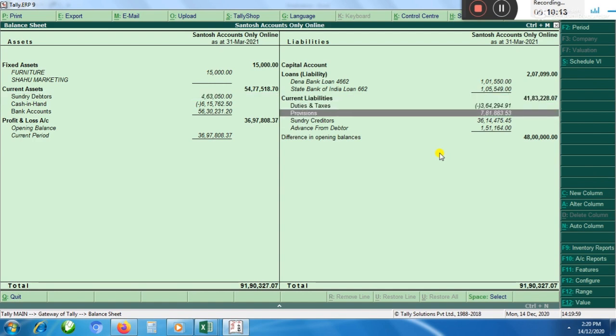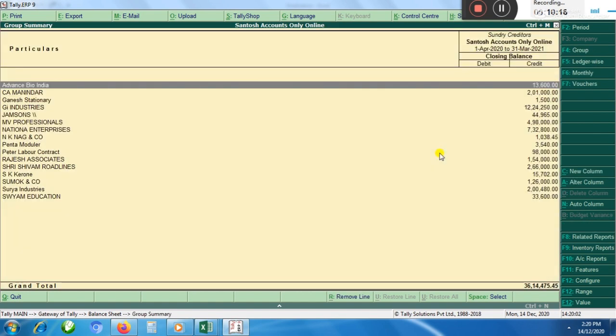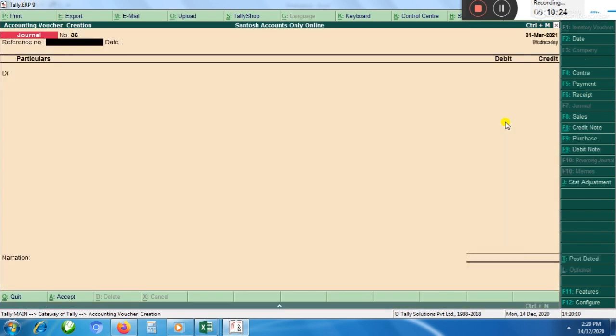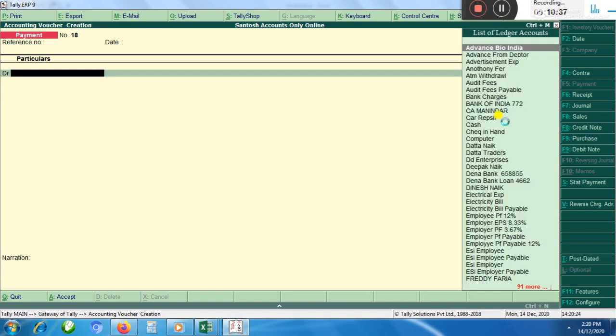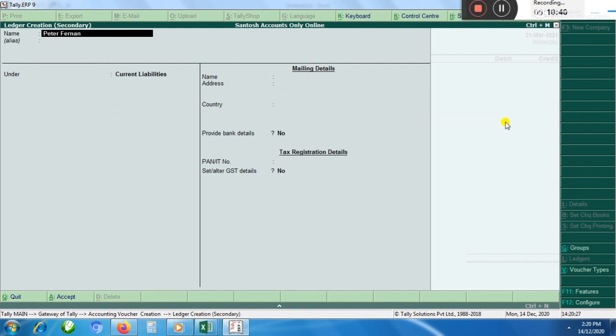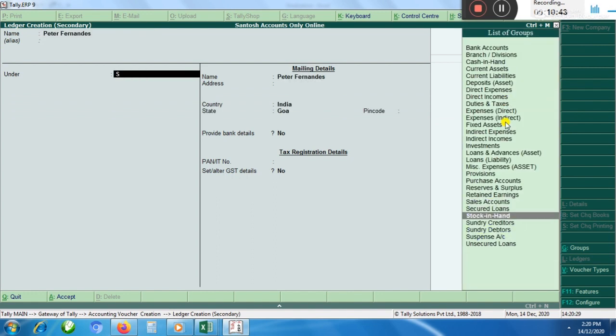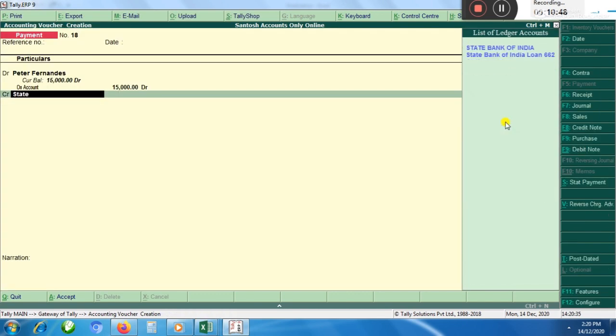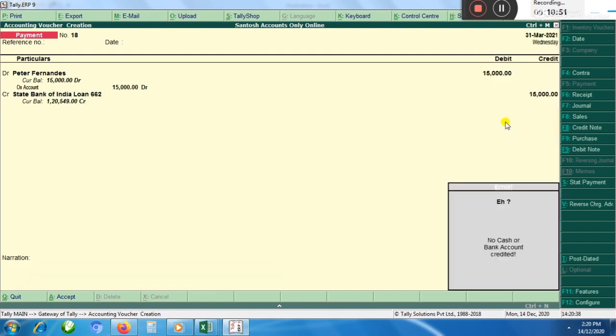Similarly, for sundry creditors, the creditor will show a debit balance if we paid something to the creditor in advance. Now suppose I paid rupees 15,000 in advance to Mr. Peter Fernandez. So sundry creditor, I paid rupees 15,000 to Peter, from State Bank of India or cash, whatever.